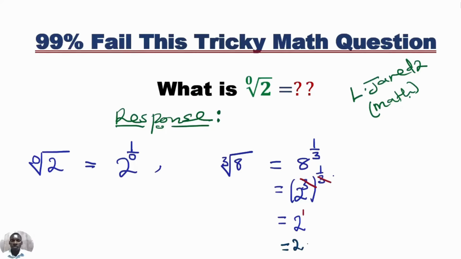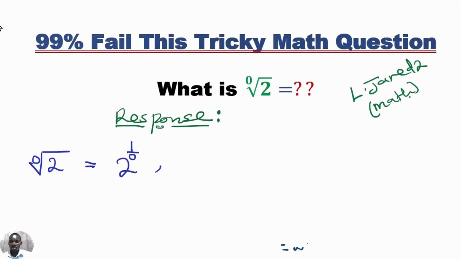In the same way, we are going to get the value of the expression in the question. So now this is equal to, remember, 1 divided by 0. This gives us an indeterminate value. In other words, this one is the same as infinity.